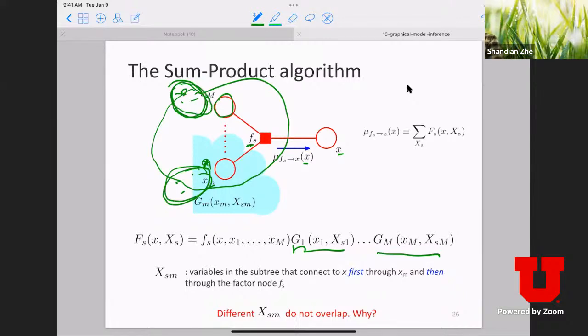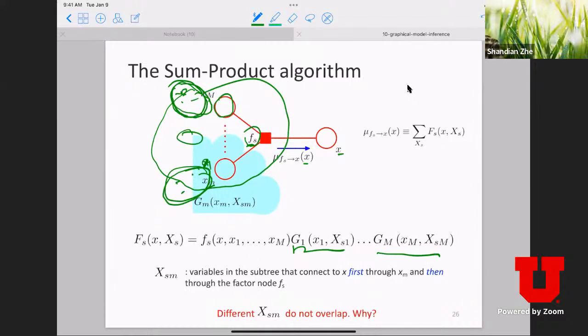So when we look at this subtree rooted by f of s, every child of s essentially is the root for another subtree, and different subtrees rooted by different children of f of s are non-overlapping again.